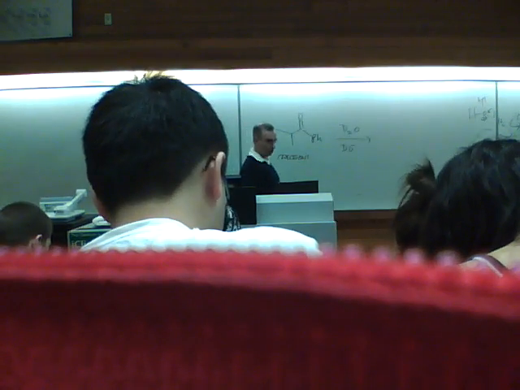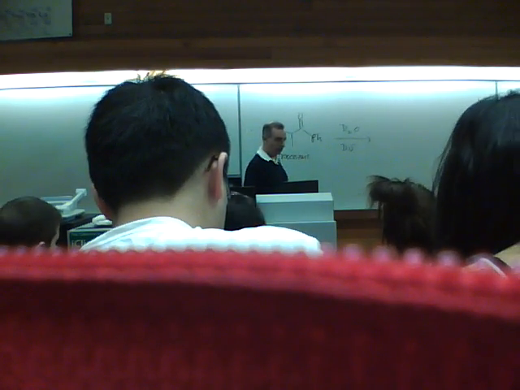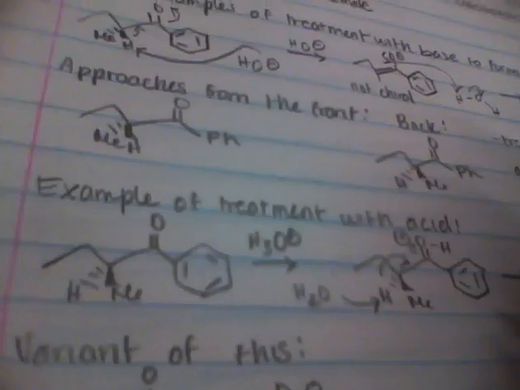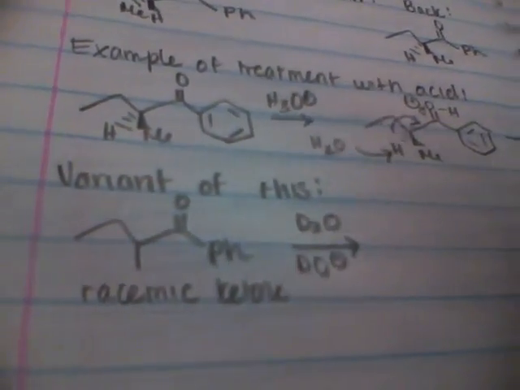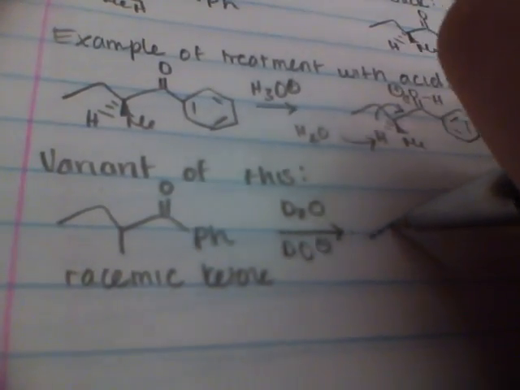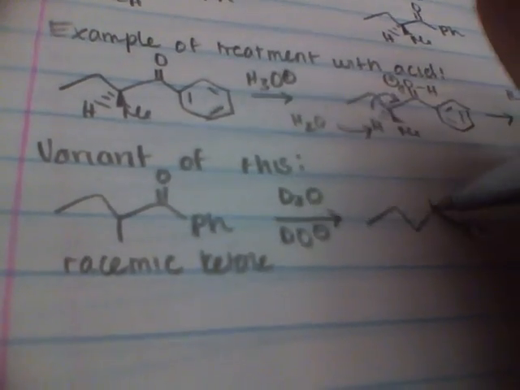You have heavy water, D2O. What will happen? Well, what will happen is that you'll get the enolate, but instead of picking up a proton, it will pick up deuterium.